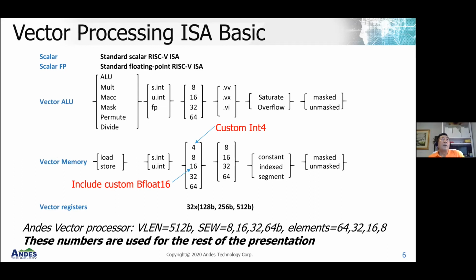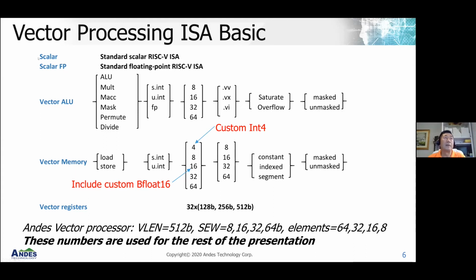These are the parameters that Andes supports. Other companies may decide to support different sizes or a subset of the instructions. The scalar is the standard scalar RISC-V ISA, and then you have floating point.